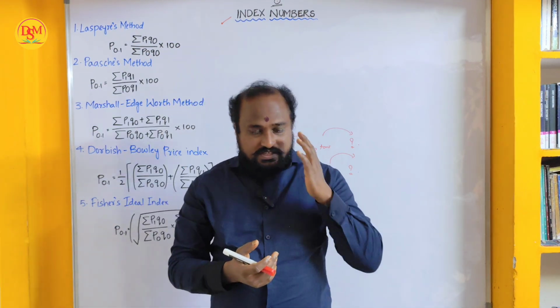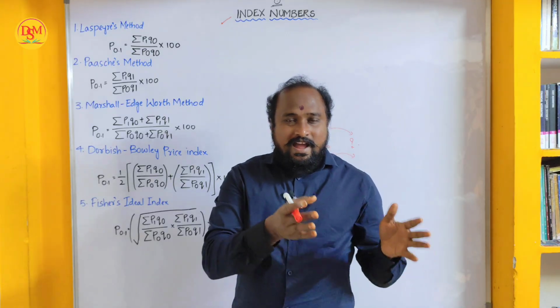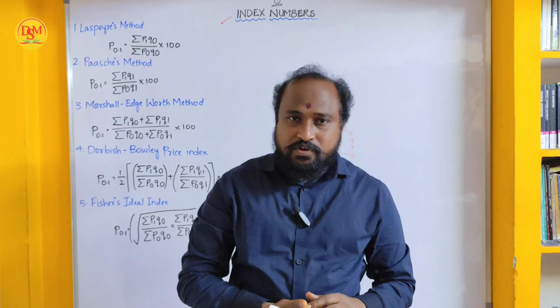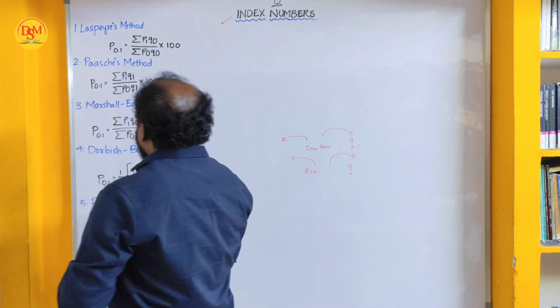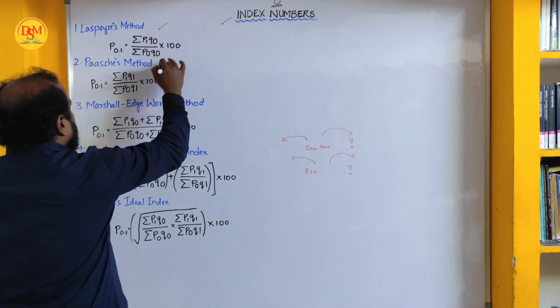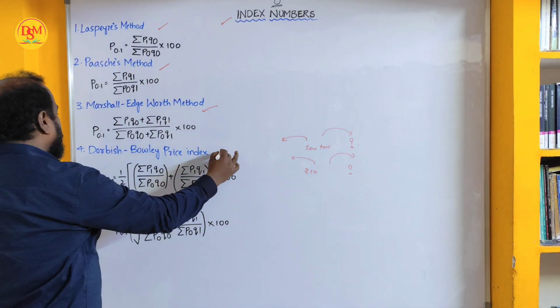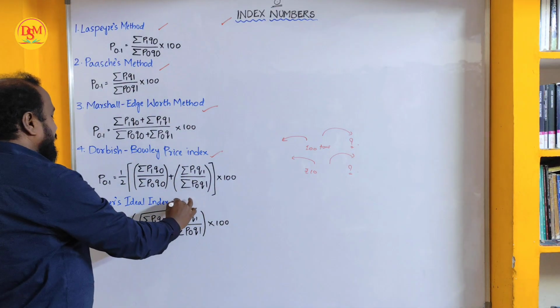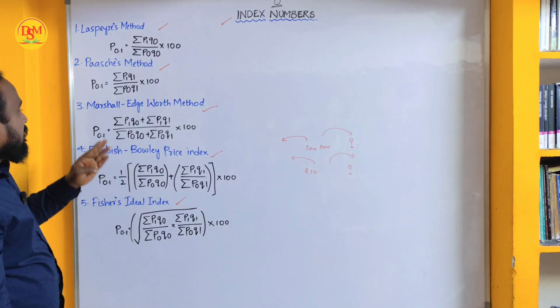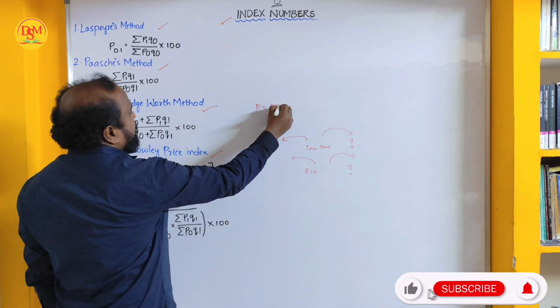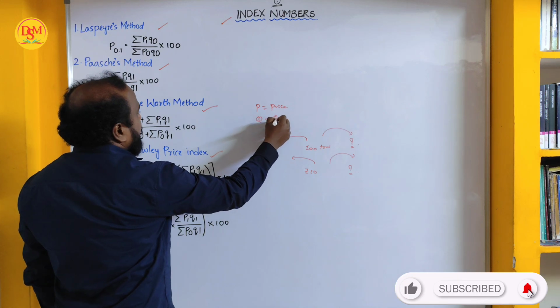To calculate these indexes, there are weighted and unweighted indexes. From the examination point of view, we have Laspeyres' price method, Paasche's method, Marshall-Edgeworth method, Dorbish-Bowley price method, and Fisher's ideal index numbers. Here P stands for price and Q stands for quantity.